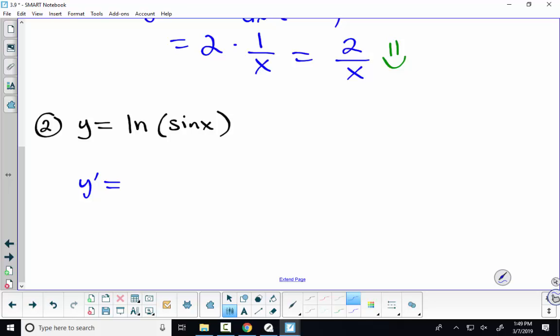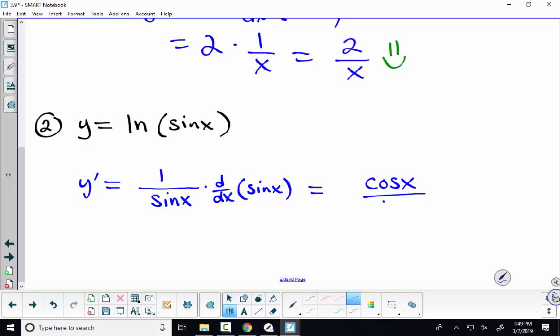Yeah, good. Derivative of the natural log, 1 over the argument, times the derivative of the argument. Oops, getting ahead. So 1 over sine, derivative of sine. So that gives us cosine over sine.